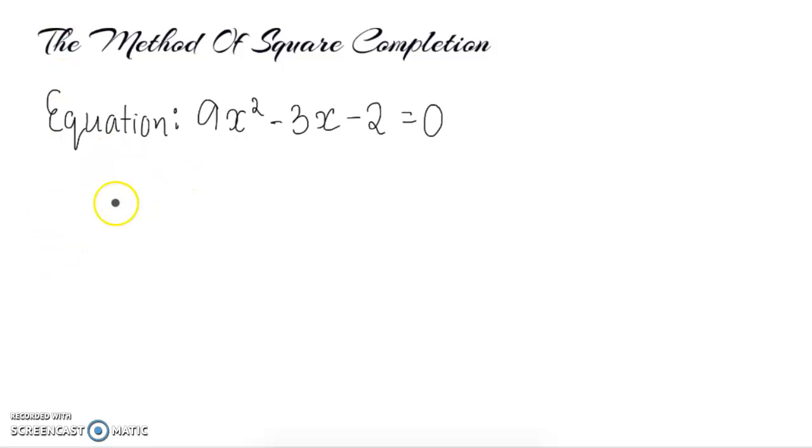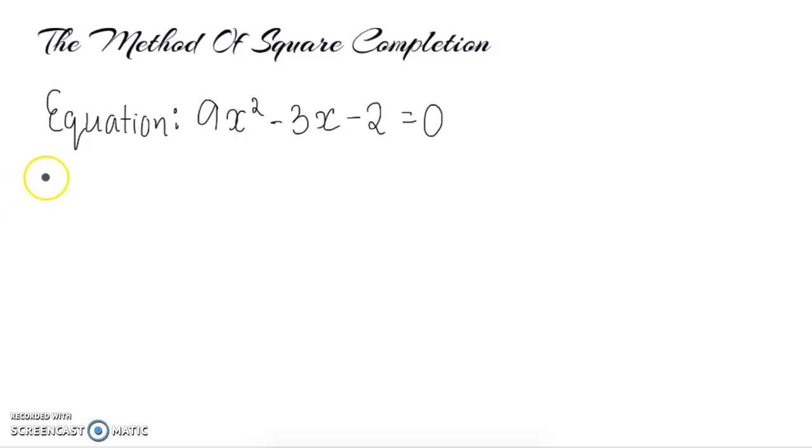As an example, our equation that we have is 9x squared minus 3x minus 2 is equal to 0. Well, how do we solve this equation? To solve this, our goal is to turn the left side of this quadratic equation into a whole squared form.